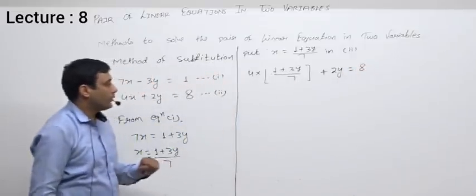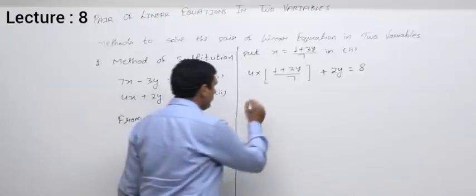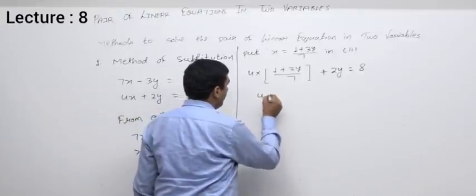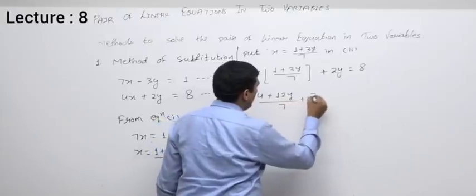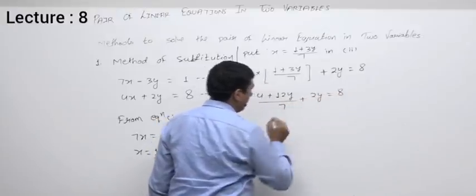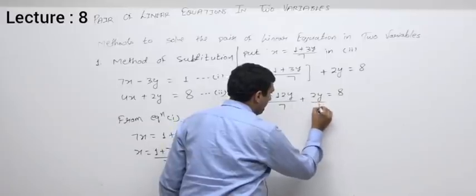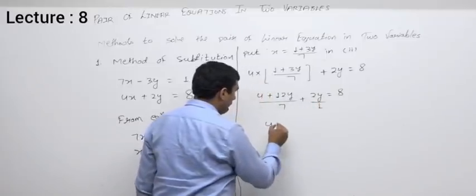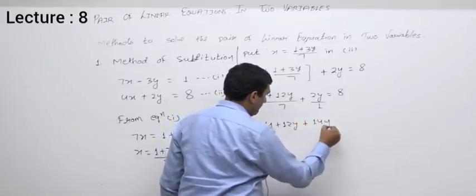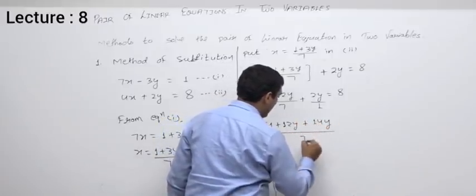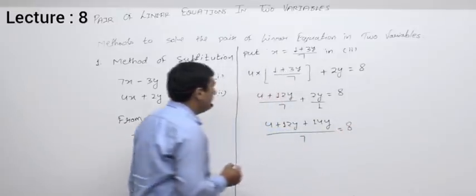Now I have to solve this equation. So this will become (4 plus 12y) upon 7 plus 2y is equal to 8. Now I have to take the LCM, considering over here it is 1. So (4 plus 12y plus 14y) upon 7 is equal to 8.